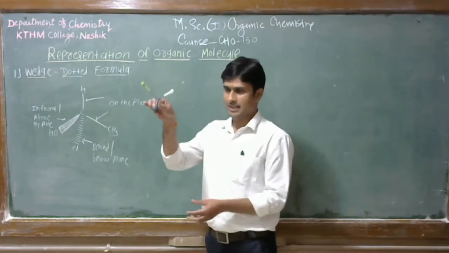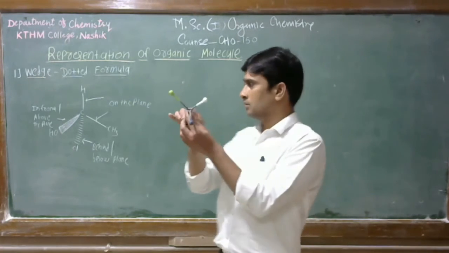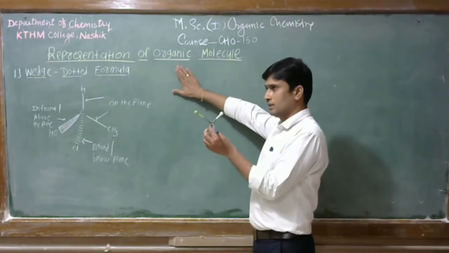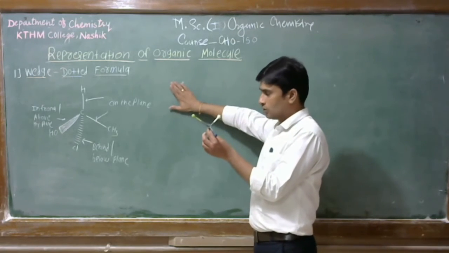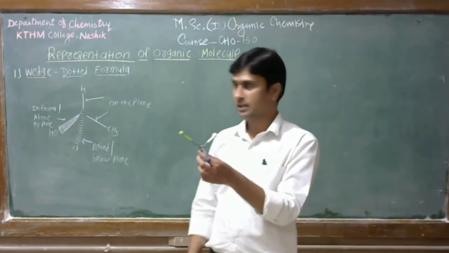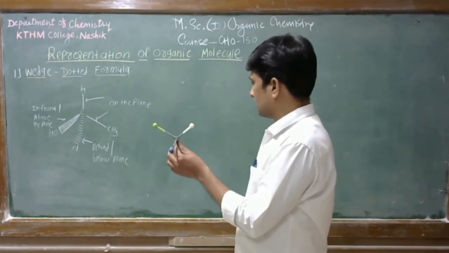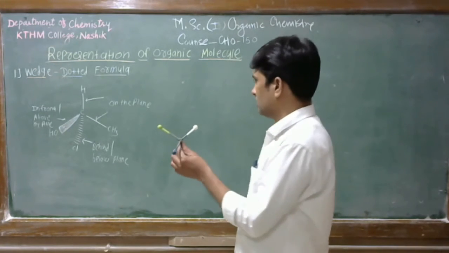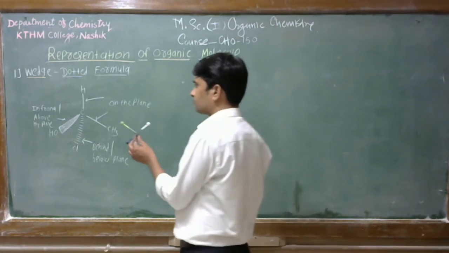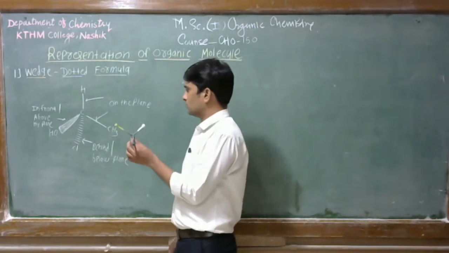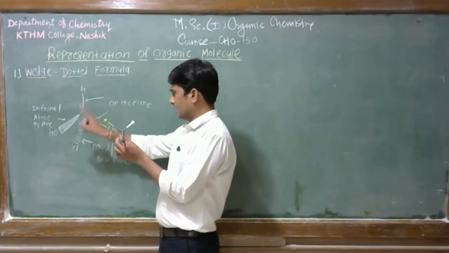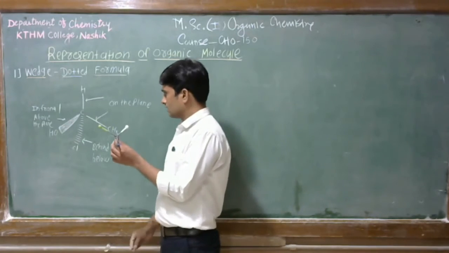So this is a three-dimensional model. But when we draw on the board or on the page, it will be two-dimensional. So in two-dimensional representation, we use this wedge line and the dotted line.